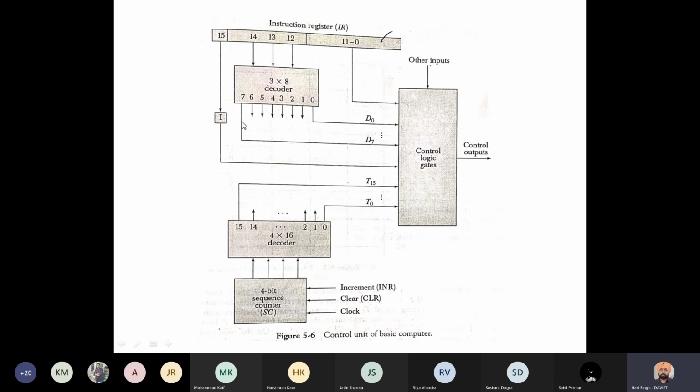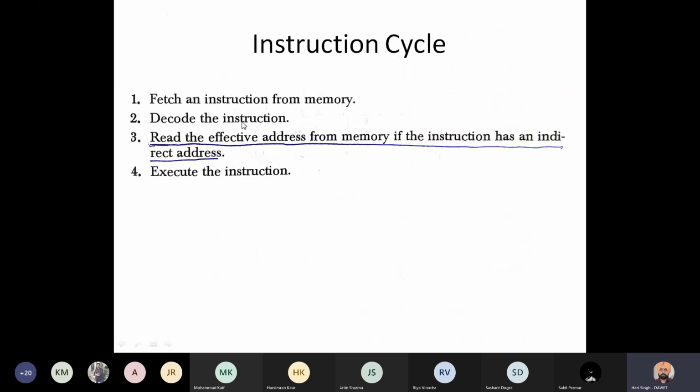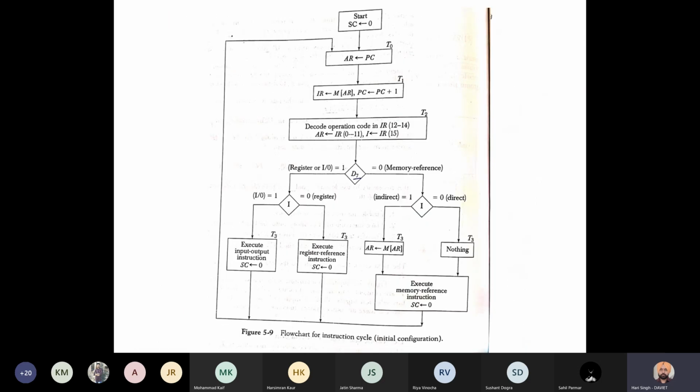You can see from this flow chart, after decoding, during the first T state, T0, the program counter contents are copied to the address register.